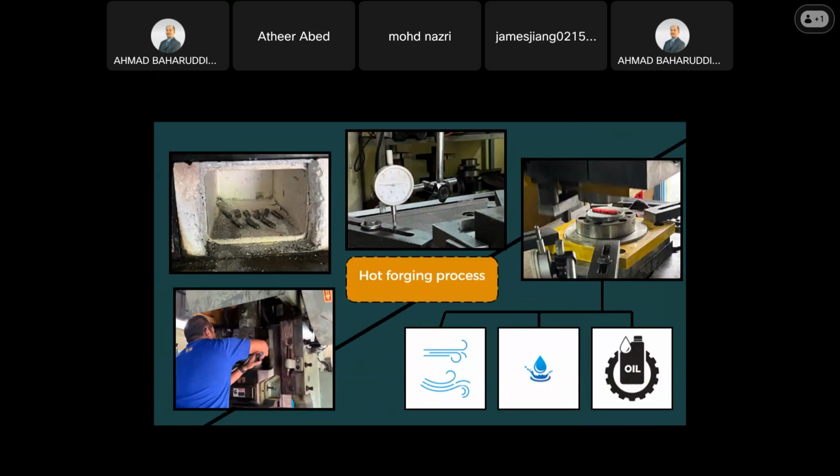And this here is a photo of a heated specimen before the hot forging process. After the hot forging process, we would let it cool down either by air, water, or engine oil. For the air, it's not with any fan or anything. We just place it there and let it cool off on its own.